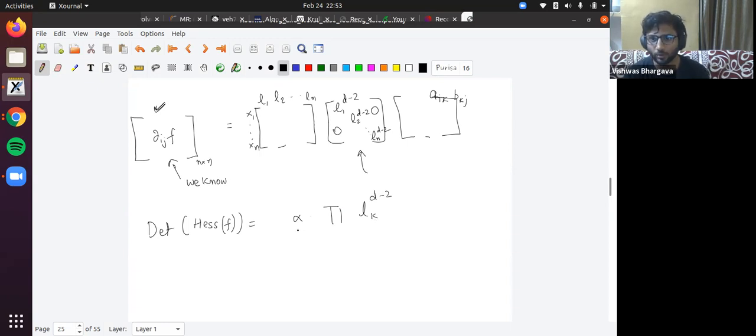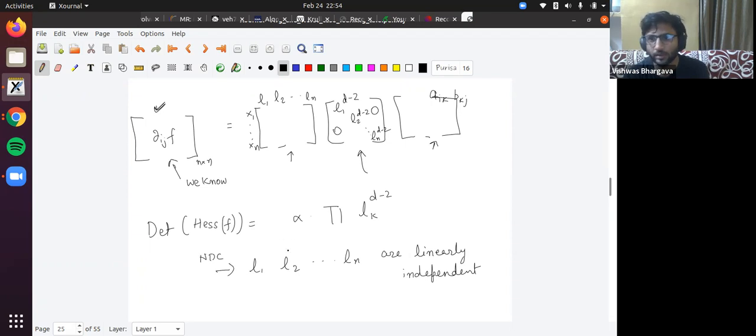And if this alpha is non-zero, which turns out to be equivalent to this and this determinant being non-zero, which just turns out to be equivalent to L_1, L_2 up to L_n being linearly independent. So basically, if the L_i's are linearly independent, you can just compute the determinant, factor it, and get your hands on all the L_i's and simply learn the representation. So we can just call this a non-degeneracy condition.